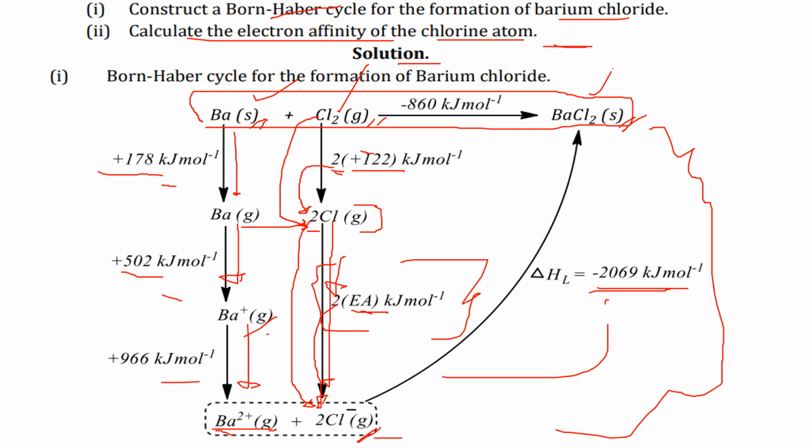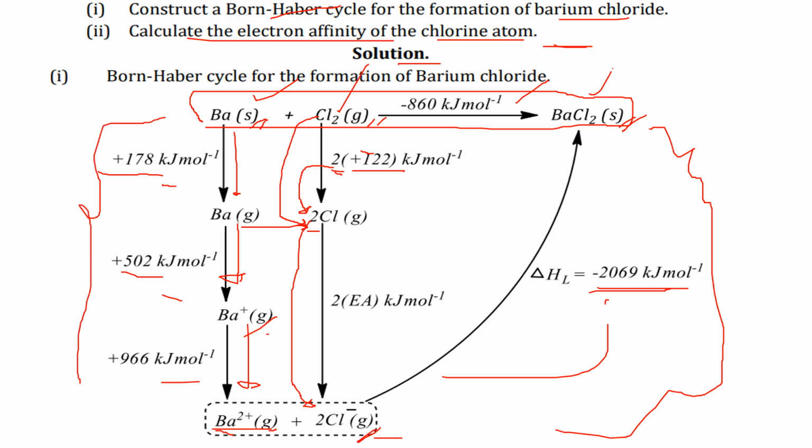And by Hess's law, we can easily determine that, simply by saying that the overall enthalpy change for the overall reaction, which is given as negative 860 kilojoules per mole, is equal to the summation of all these small enthalpies that are involved in this equation, or in the different step routes. So let's look at that in the next step.